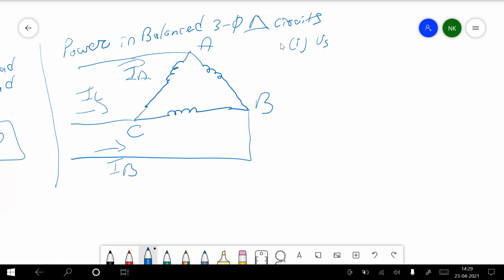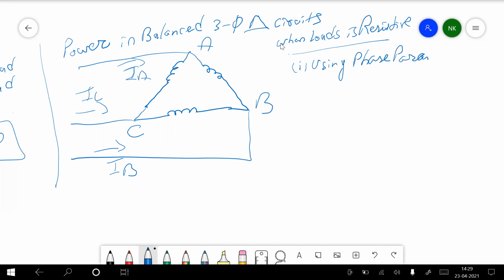First case, when the load is resistive. In this subpart, using phase parameters, we know the power equation we have got: 3 Vp Ip cos theta, right?